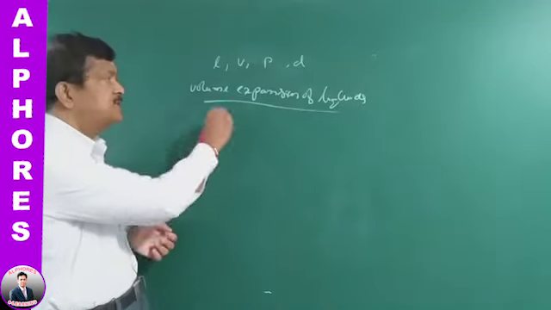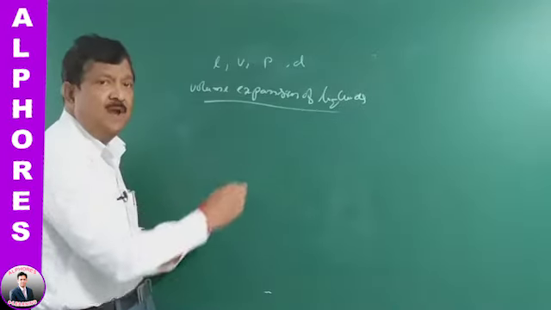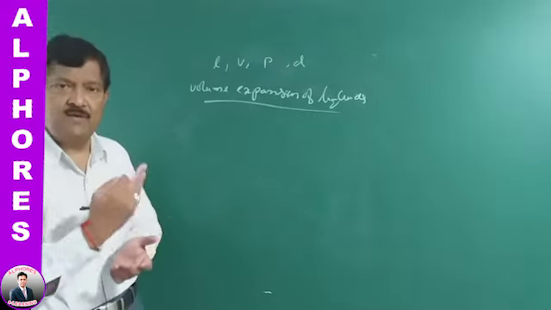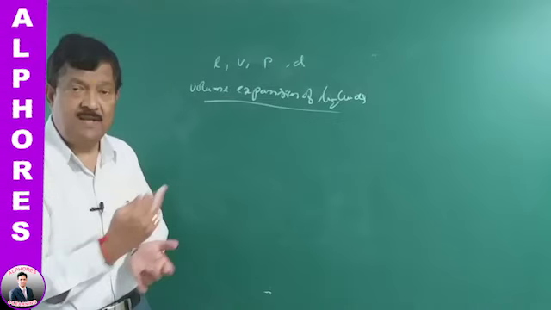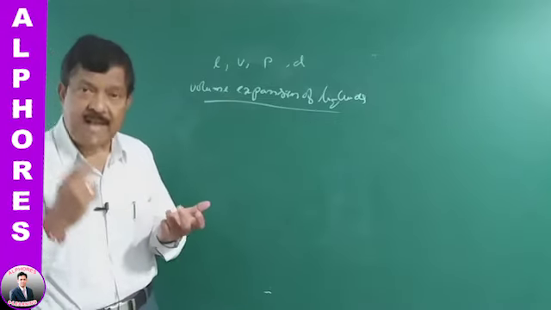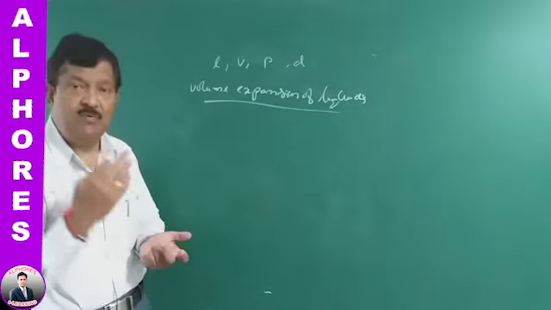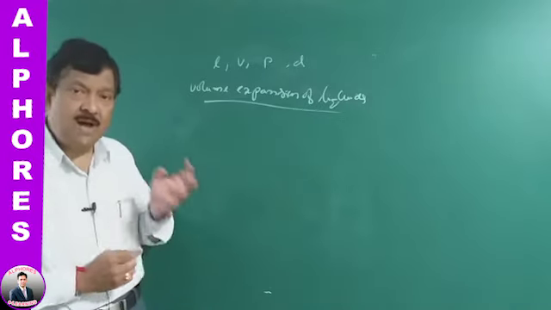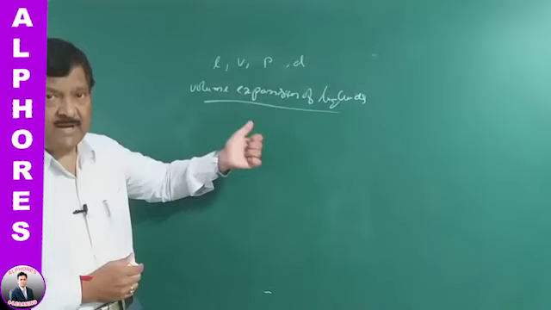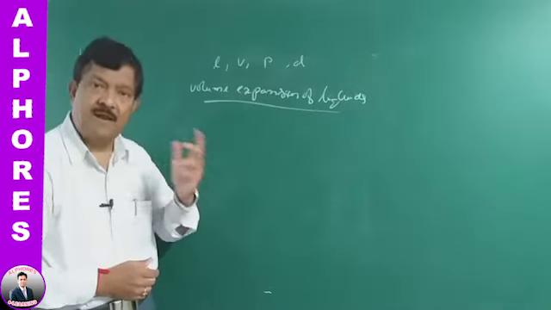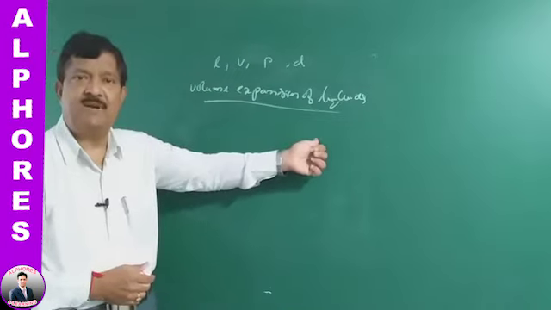So volume expansion of liquids is most suitable. In day-to-day life, all the thermometers we use, except the digital thermometers, are mercury thermometers or alcohol thermometers. They are based on expansion of the mercury or alcohol, which is a liquid.